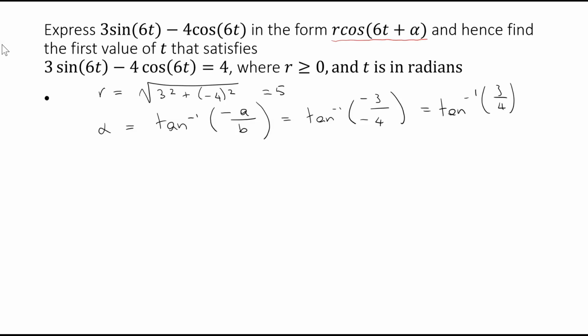But because tan is equal to sine over cos, then you have a positive tan, a negative sine, and a negative cos. And all of those tell you that we're working in quadrant 3.